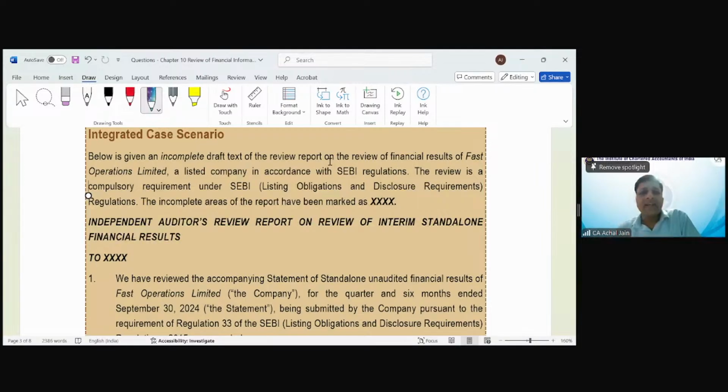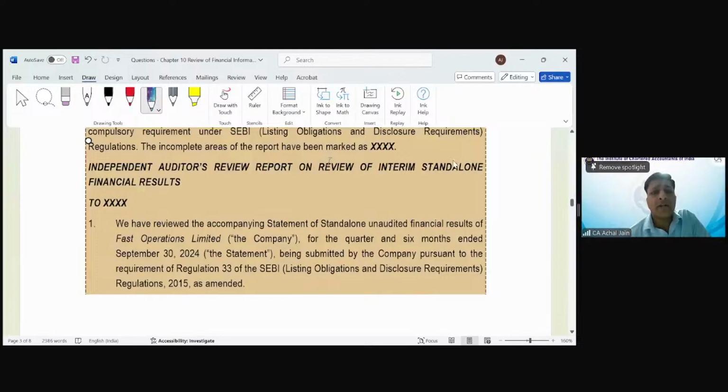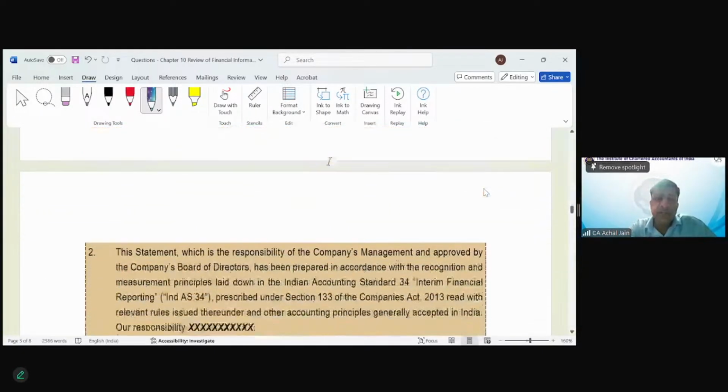So let's look at this now. Below is an incomplete draft text of a review report on the review of financial results of Fast Operations Limited, a listed company, in accordance with SEBI regulations. Review is a compulsory requirement, we all understand. This review report is the independent auditor's review report on review of interim standalone financial results. We have reviewed the accompanying statement of standalone financial results of Fast Operations Limited for the quarter and six months ended 30th September, submitted by the company pursuant to SEBI regulations.